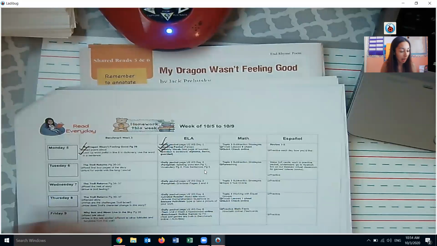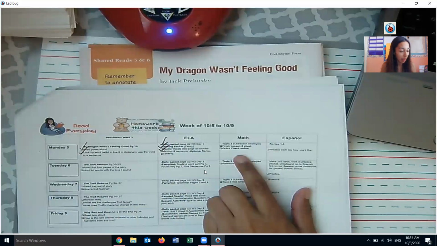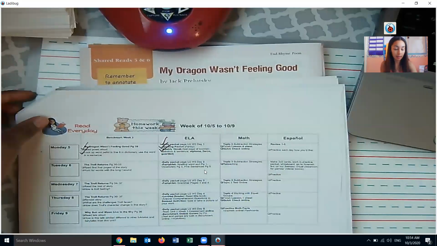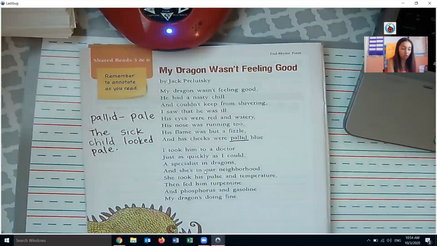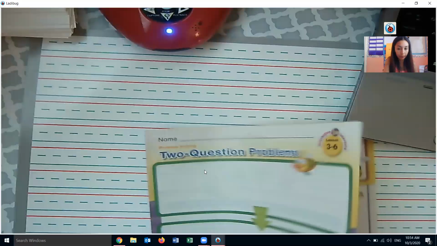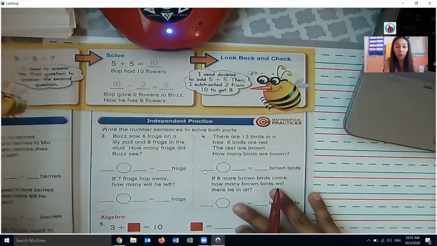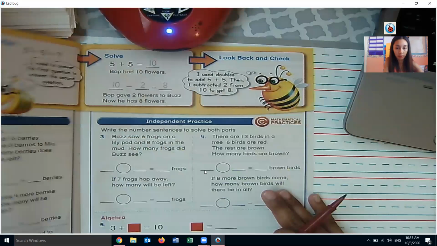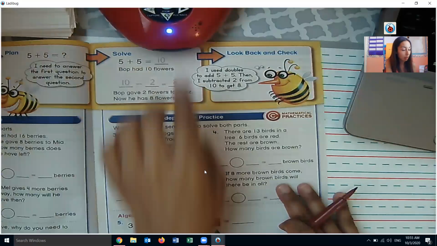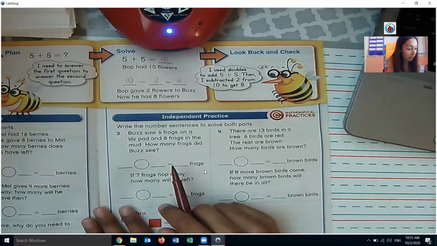The next thing is our math. So math, today is lesson 6. So today is the last lesson of topic 3. So we will have our test this week. So we'll look here. So we are on 2 question problems. So number 3 says, Buzz saw 6 frogs on a lily pad and 8 frogs in the mud.